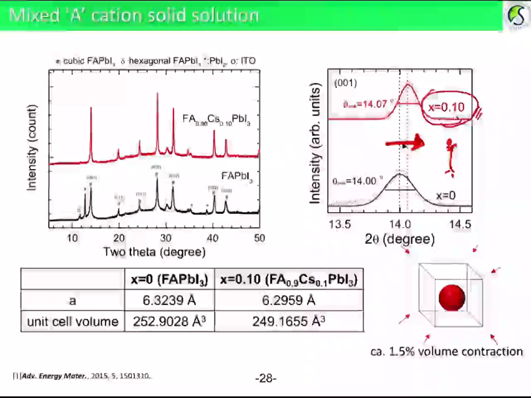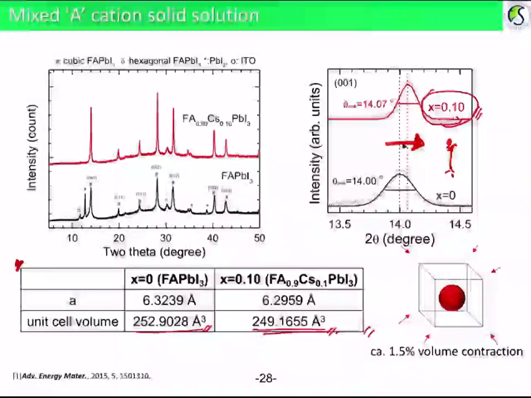So you can see in this graph that the calculated lattice constant is in fact decreased from around 6.32 to 6.29, and the lattice volume consequently reduced as well.